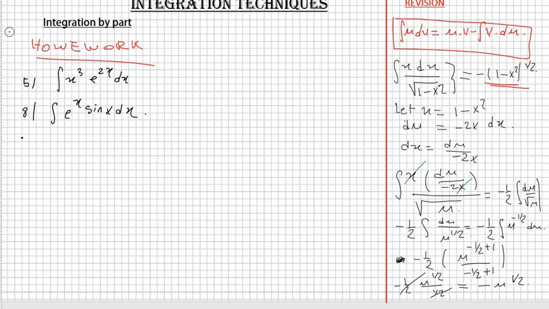And then there is 12, 5x plus 2 cos x dx.